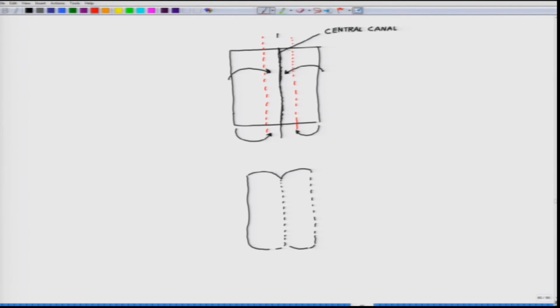On two sides of the central canal, where I am now putting all the red dots and demarcating on both sides, left and the right of it, this part, the arrow shown, is called the ventral pathway or ventral horn.